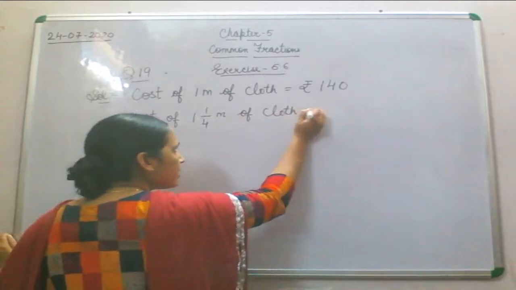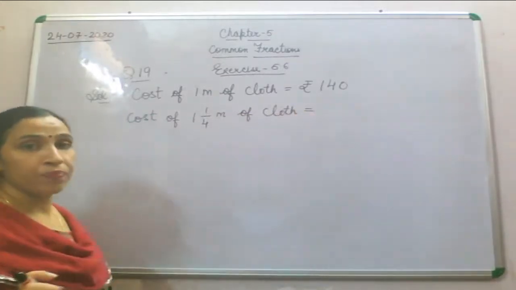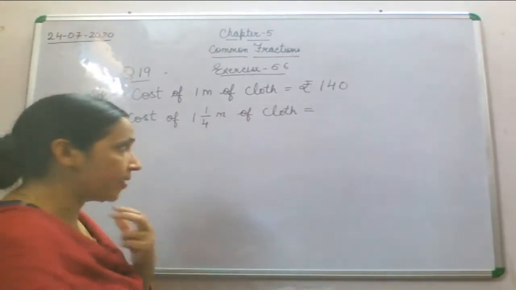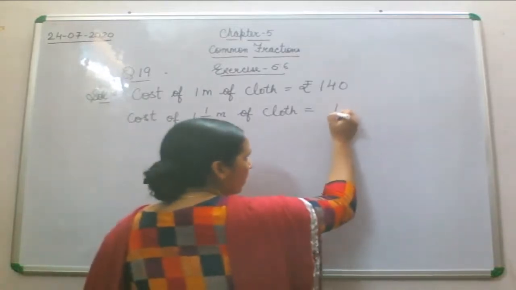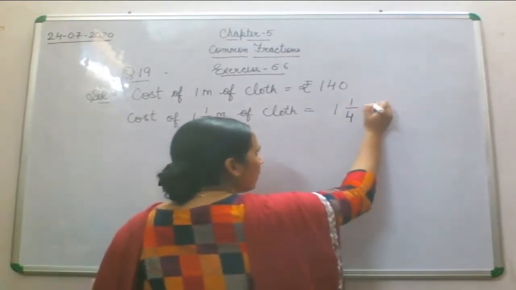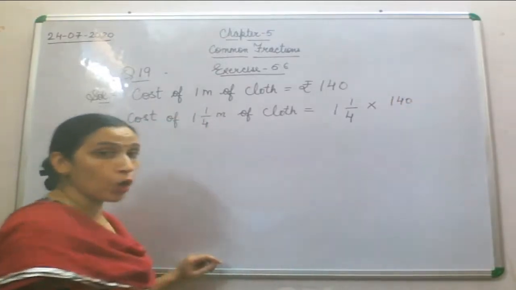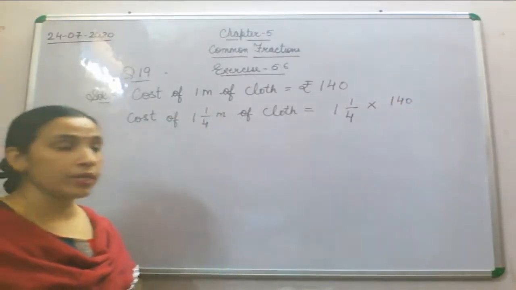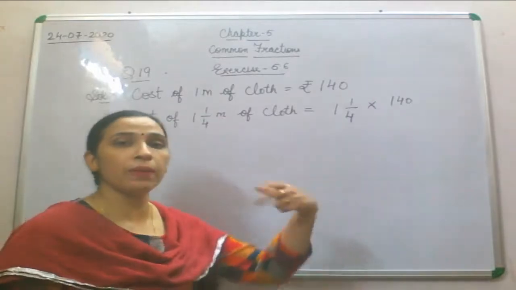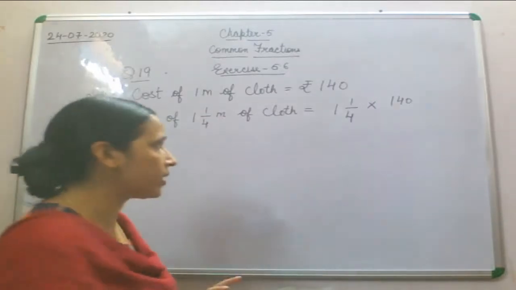We will write the statement in a very simple way, which is required. That's it. So what we will do here, 1/4 will be multiplied by 140, which is the cost of 1 meter of cloth. So this 1/4 will be multiplied by 140.